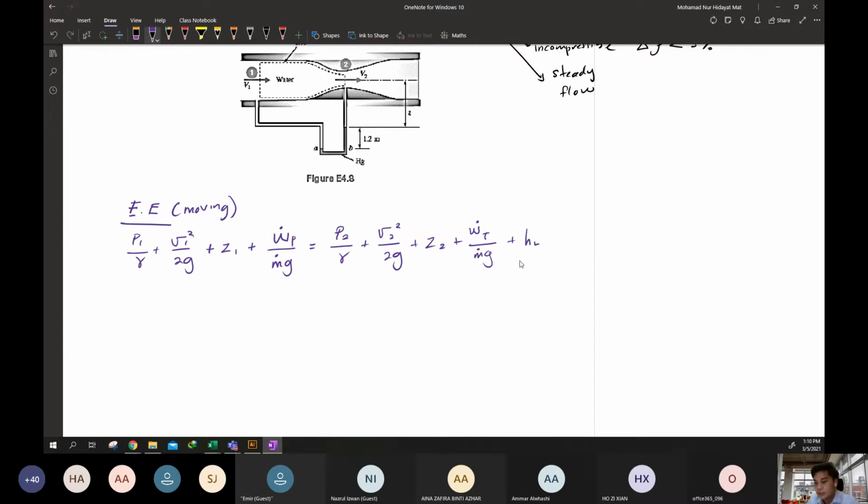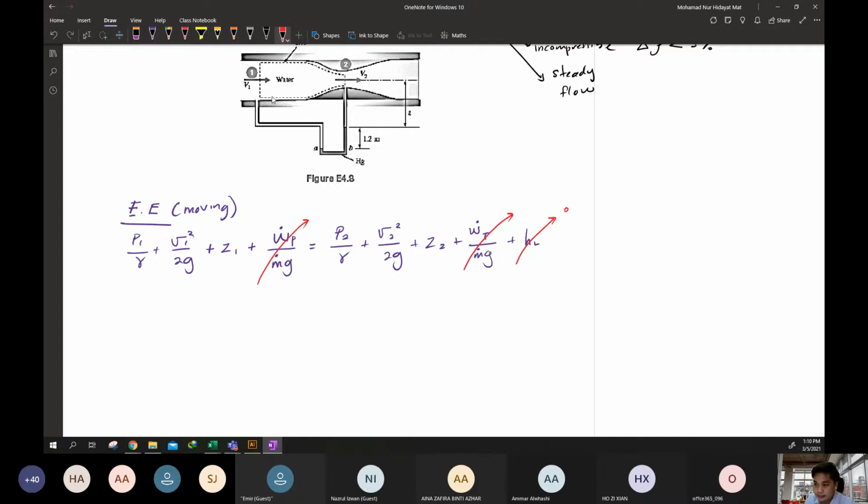Once we consider it ideal and very short, we can assume the loss is equal to 0. Do you see any machine, turbine or pump? No, right? We don't have any turbine, cancel. We don't have any pump, cancel.